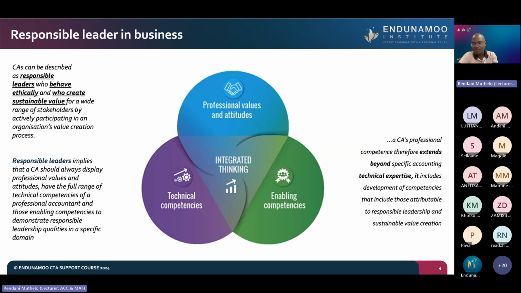In this bubble, there is what we refer to as the enabling competencies. And one of the biggest enabling competencies that they want to incorporate is what we call business acumen. So business acumen is going to be a significant part of your APC, sorry, of your AIC.